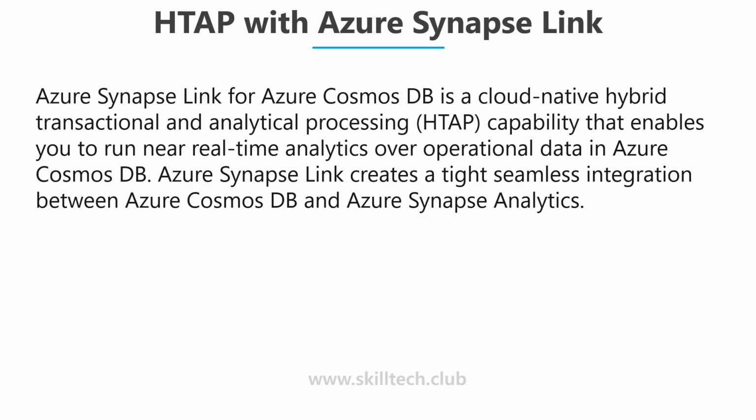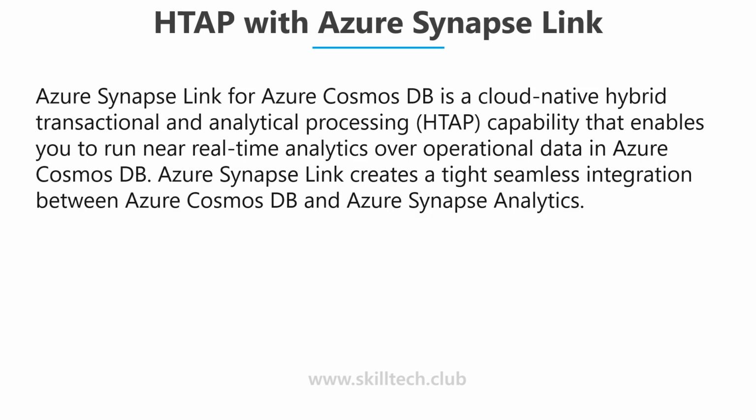Azure Synapse Link for Azure Cosmos DB is a cloud-native hybrid transactional and analytical processing capability that enables you to run near real-time analytics over operational data in Azure Cosmos DB. In simple words, if you have data stored in your Azure Cosmos DB and you want to do some analytical queries on that data with the help of Azure Synapse, then you need to link this data store with your Synapse.